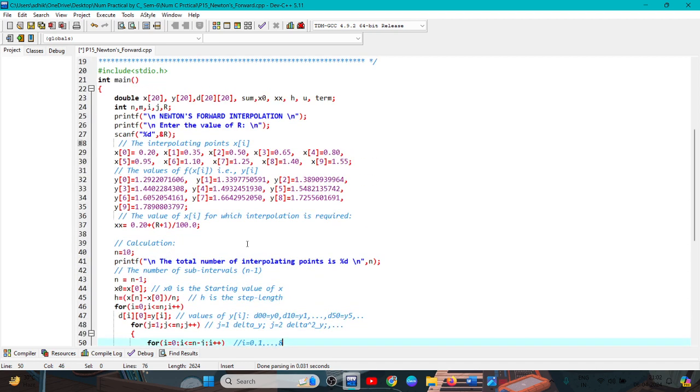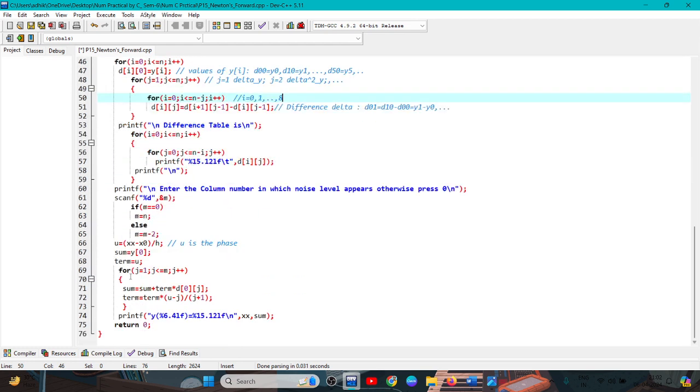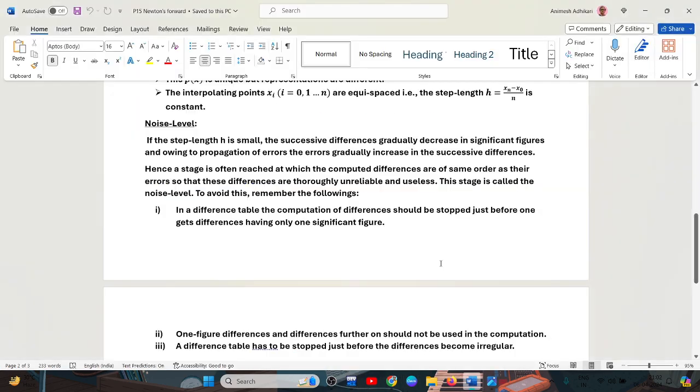Actually xx is the point for which the interpolation is required, this 0.20 plus (r plus 1) divided by 100, and sum equal to y0.